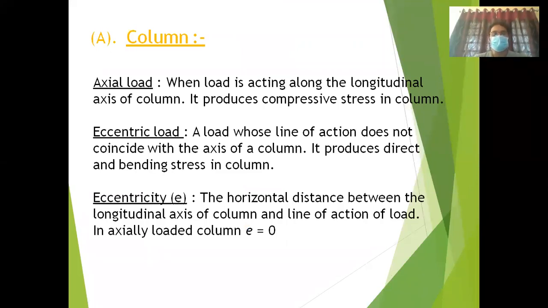In real applications, if you see the structural elements, they may not be subjected only to an axial load. They will be subjected even to bending loads or other kinds of eccentric loads which make the member bend.